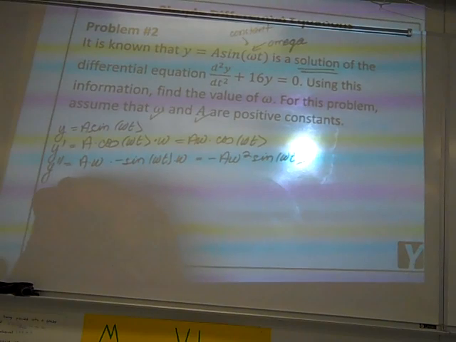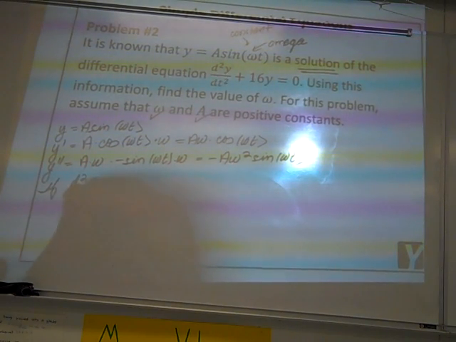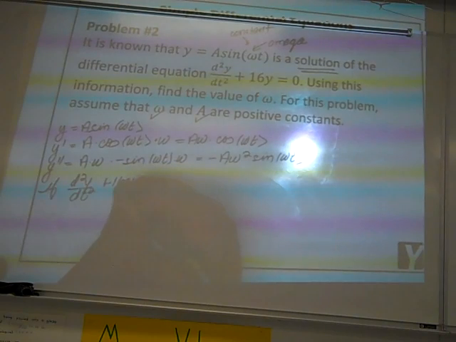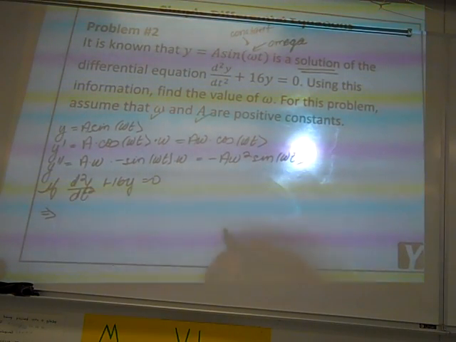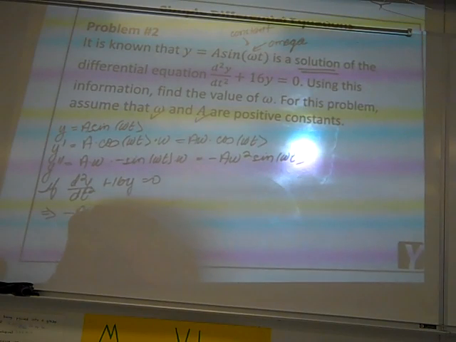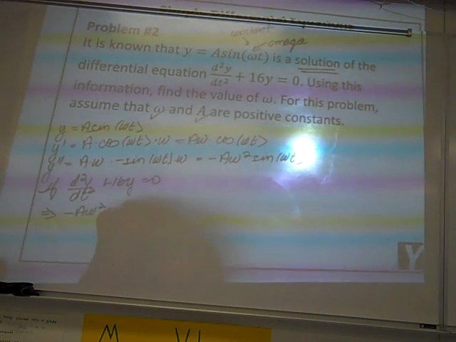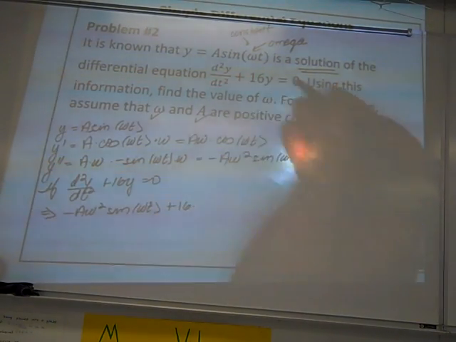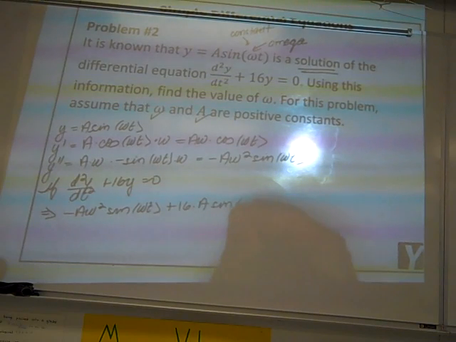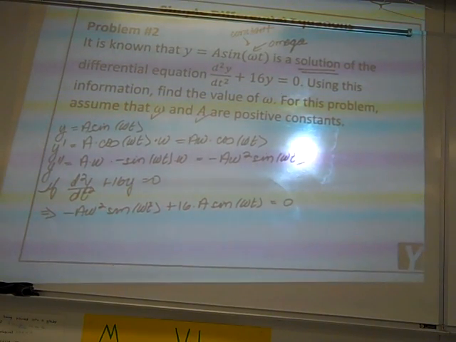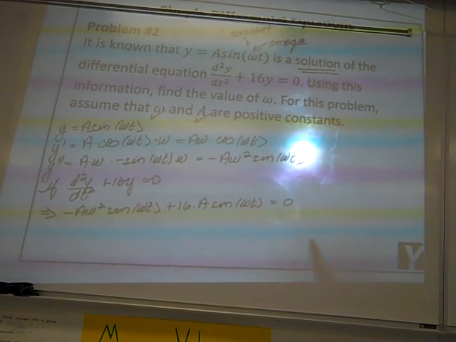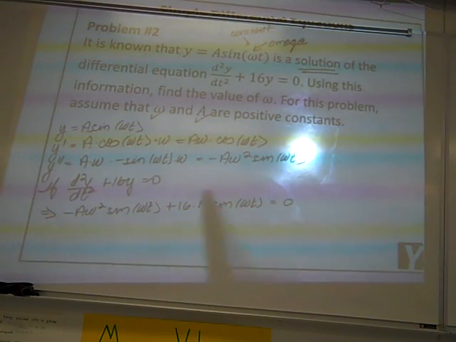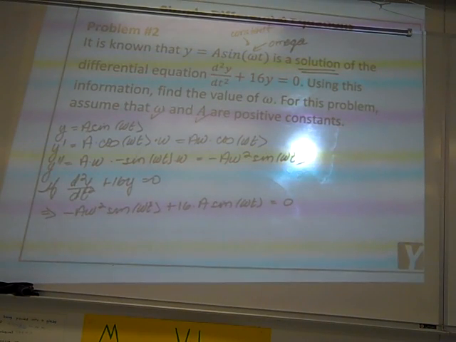So, if d squared y dt squared plus 16y is equal to 0, then that means if I take my second derivative, negative a omega squared times the sine of omega t plus 16 times y, that y is a sine omega t, that's supposed to be equal to 0. And what's implied in this problem is that this is always going to be equal to 0. The goal is to show that that is a solution.